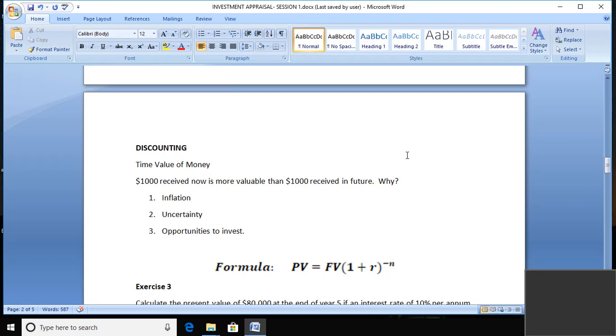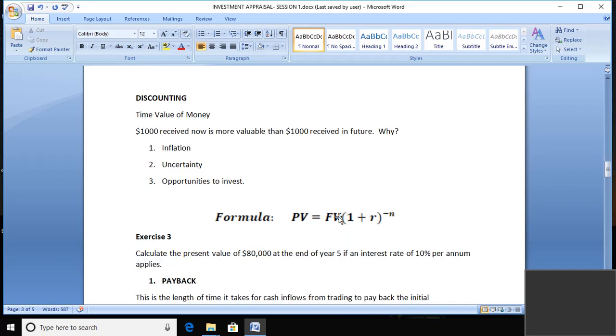If you look at the formula for calculating present values, it's just the opposite of calculating future values under compounding. So we say present value is equal to the estimated future amount multiplied by 1 plus r to the power negative n. 1 plus r to the power negative n is what is called the discounting factor.